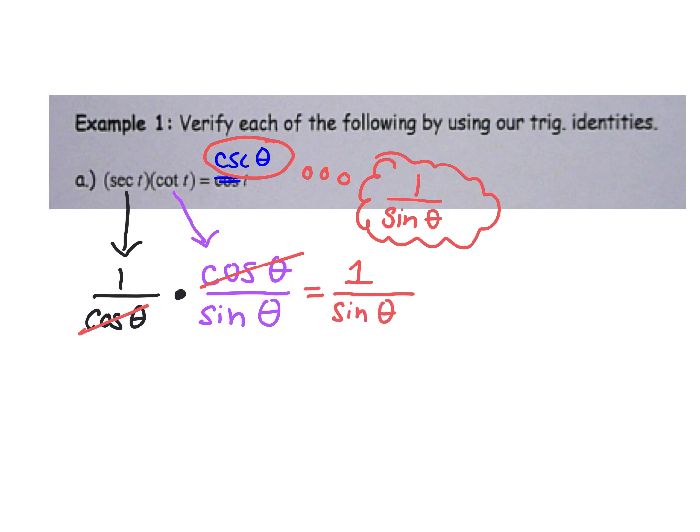Which is, oh my goodness, do you see this? Look, this and this, they are the same. That is magical, which means that this is equal to my cosecant theta. So I'm done. I worked all the way from the left side and I got to the right side. And I'm a pretty happy camper about that.